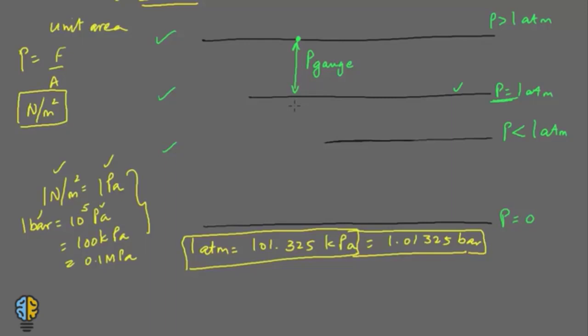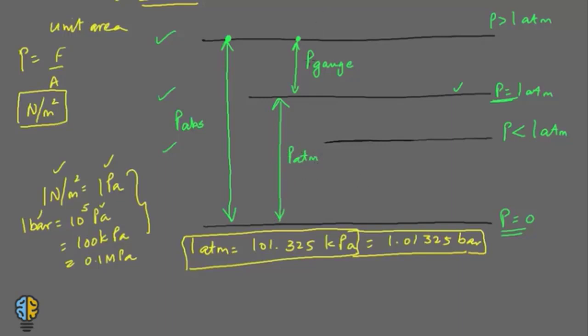But if the same pressure is measured with respect to 0 pressure, that is the vacuum, then this pressure becomes the absolute pressure, for the same point. So this becomes the absolute, P ABS. Alright. And from 0 pressure to atmospheric pressure, we call this the atmospheric pressure, that is P ATM.